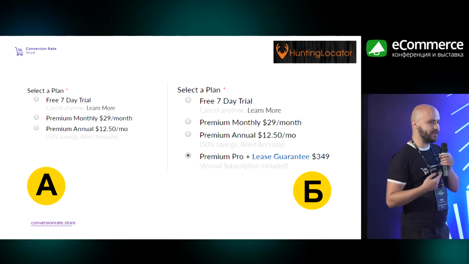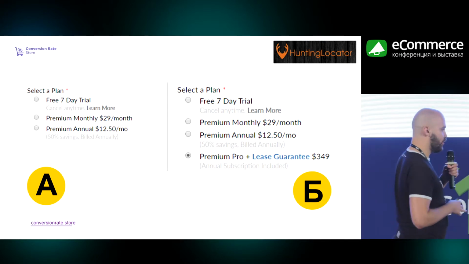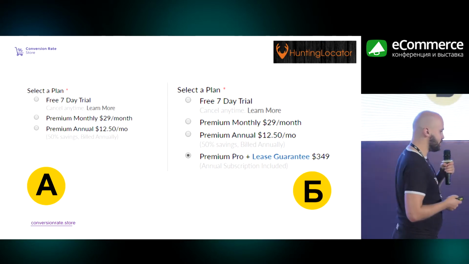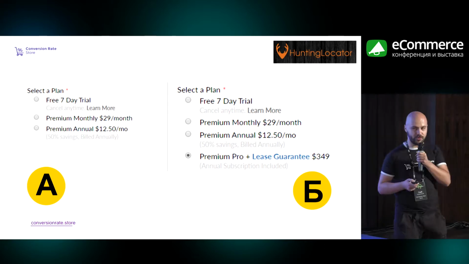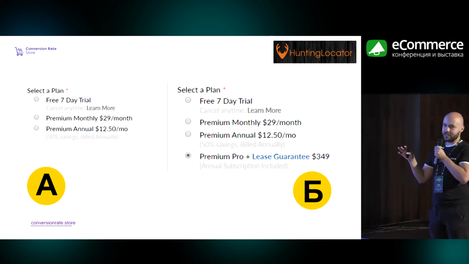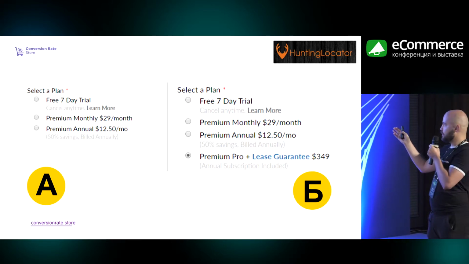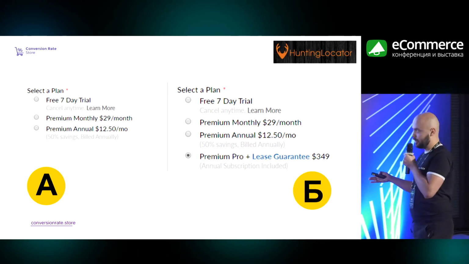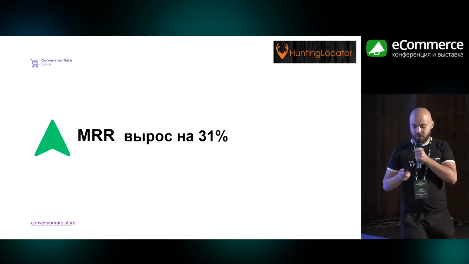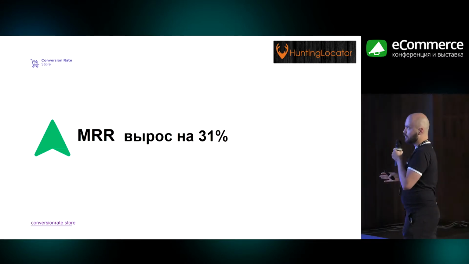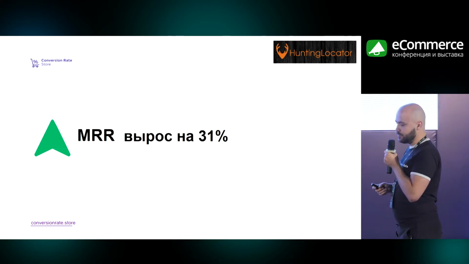And in your business, it could be, well, a lot of stuff. It could be some premium support. It could be additional upsells, additional features. So you can always figure out something to upsell and cross-sell. So here we just added another plan. And the beauty of that is that it charged immediately. It charged $350 immediately. Well, after the free trial, as we like that. And the result was around 30% growth of MRR, of monthly recurring revenue.